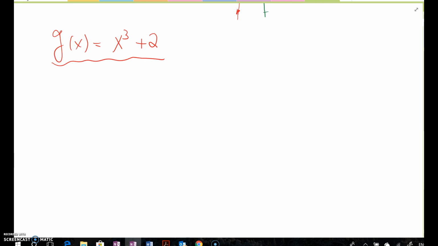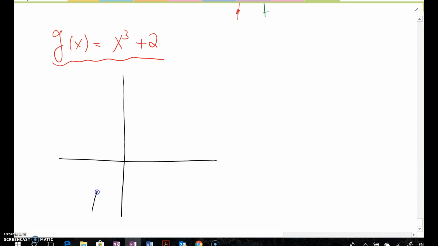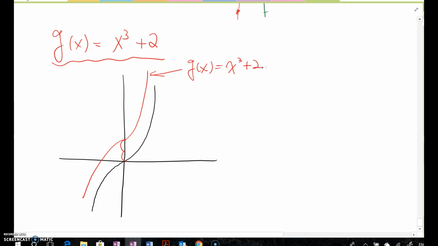And this is correct. Since we know this is the cubic function graph, now moving it 2 units up makes the graph like this, then that is going to be g(x) equal to x cubed plus 2.